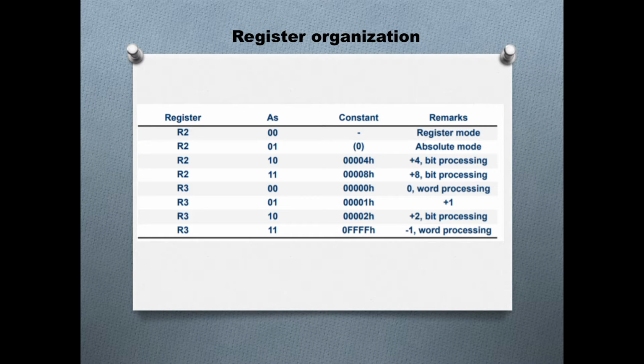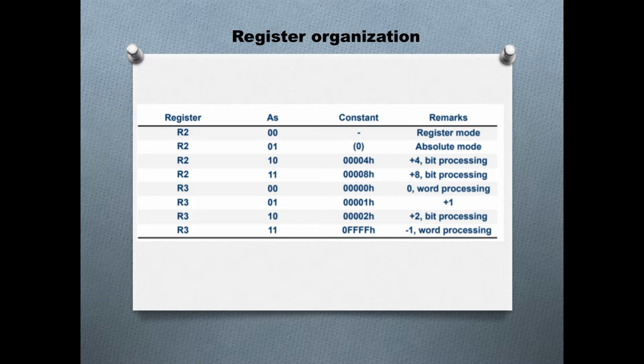So the next topic is register organization. The MSP430 CPU has 16 registers. A large 16-bit register file eliminates a single accumulator bottleneck, with high bandwidth 16-bit data and address buses. R0 is the program counter. This register always points to the next instruction to be fetched, as I have already discussed.